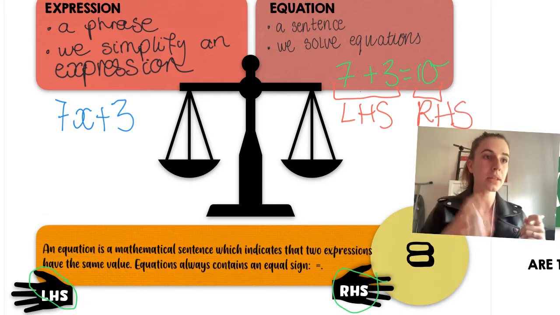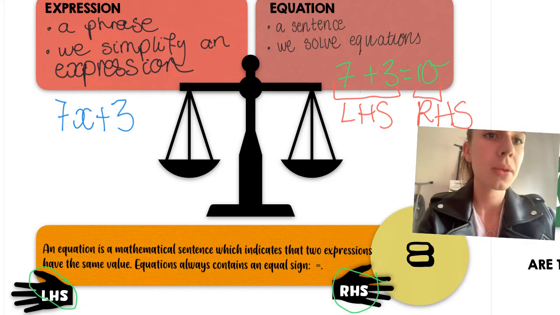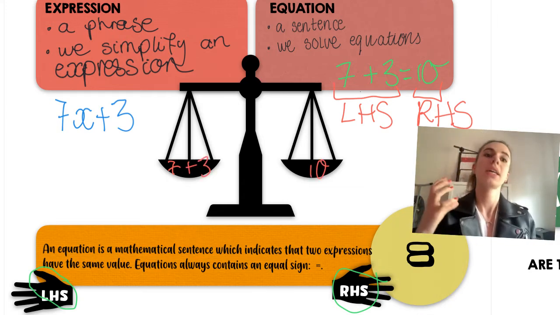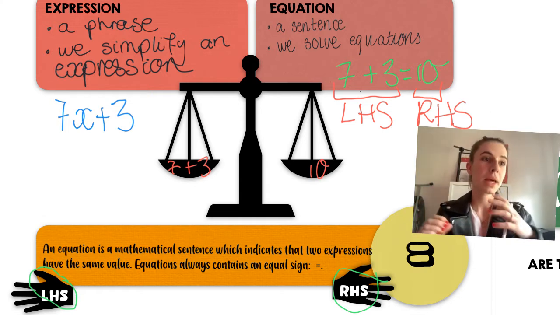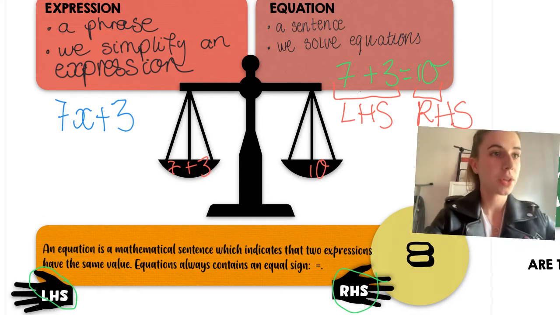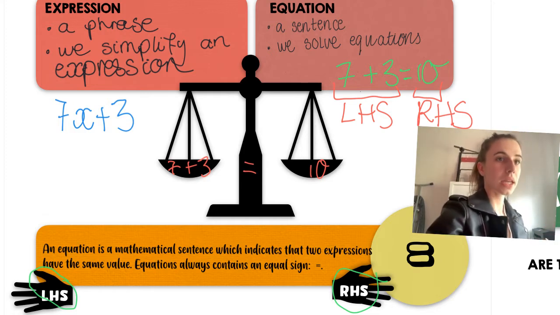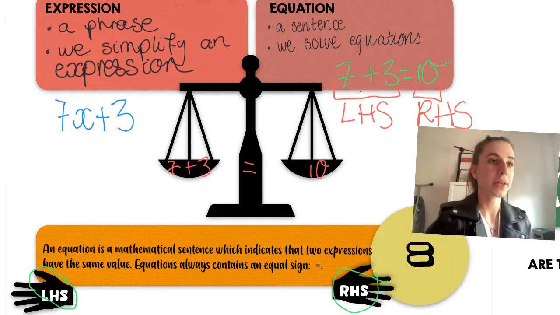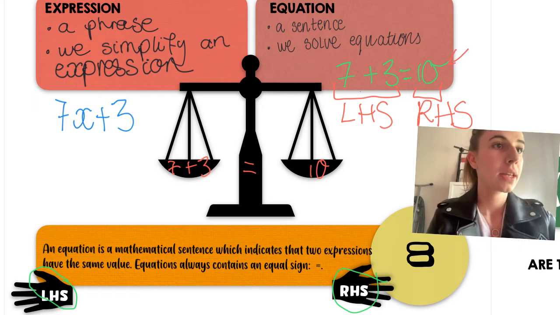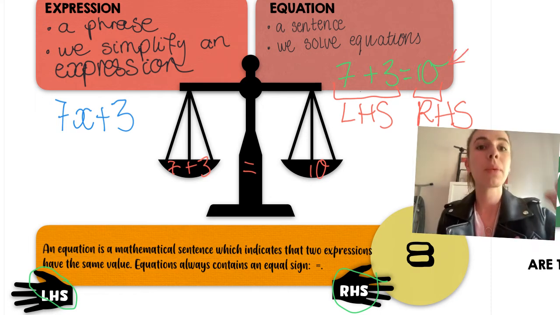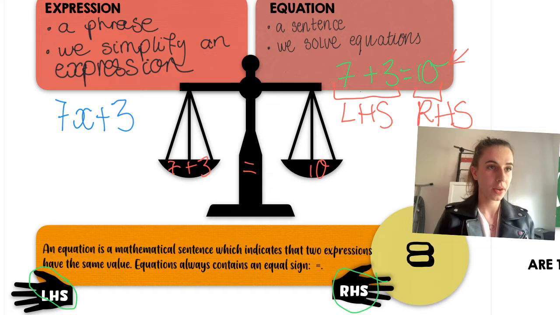And what I'm saying is, I'm just showing you here with scales, 7 plus 3 is equal to 10. So the left-hand side is the same amount as the right-hand side, and the way we show that is with an equal sign, okay? Now, we can have numerical equations like we have here, 7 plus 3 equals 10, but we can also have algebraic equations.